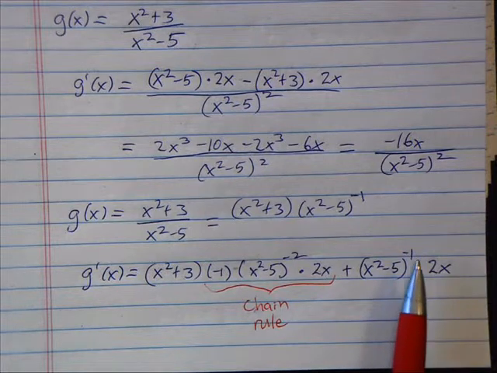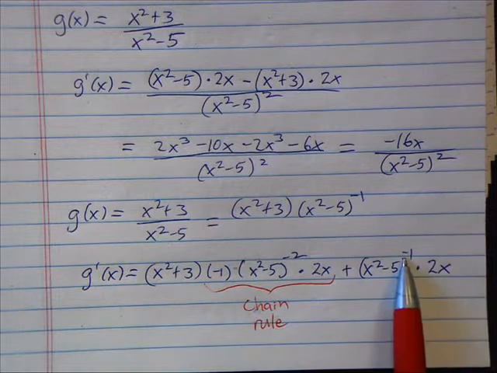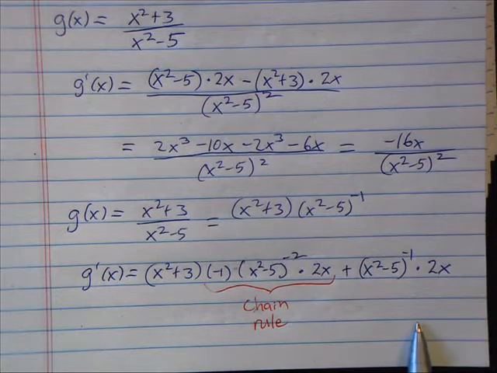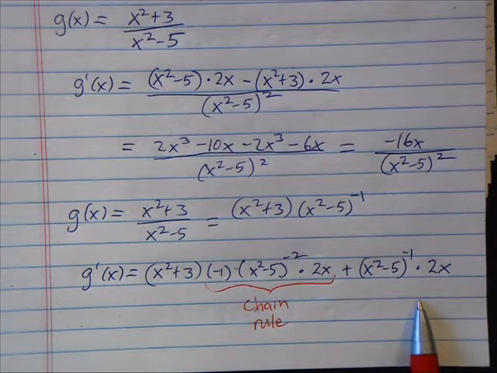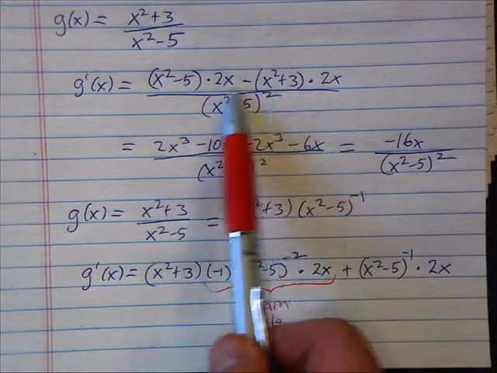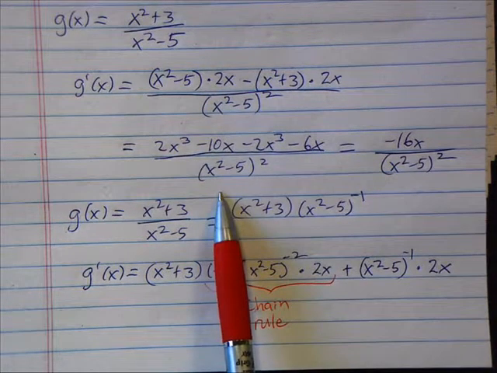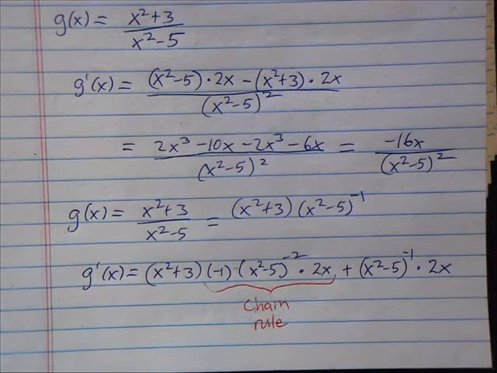What you would really have to do is drop this back down to the bottom, drop that down to the bottom, and then you'd have two fractions, but they would not have a common denominator. So you'd have to get a common denominator and add the fractions together. The quotient rule gives you the common denominator right from the beginning and puts it all together for you. So, your choice. You can avoid the quotient rule all you want. Be prepared to do more algebra, whichever one you like better.